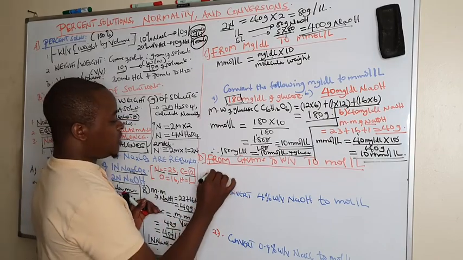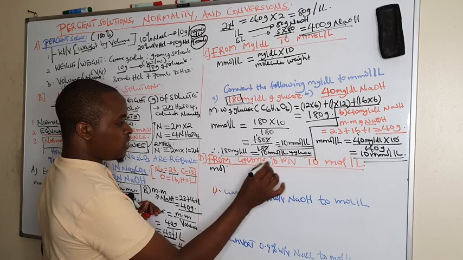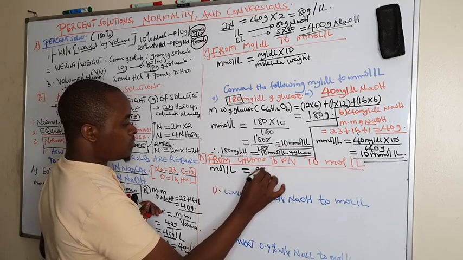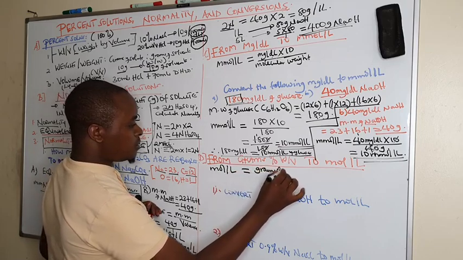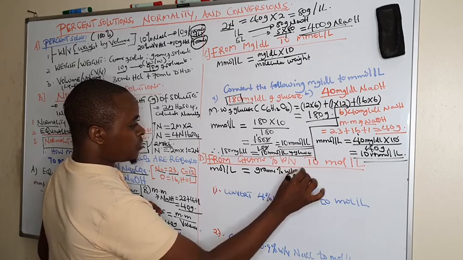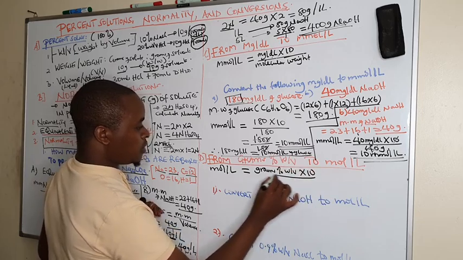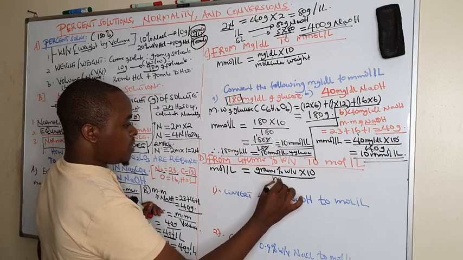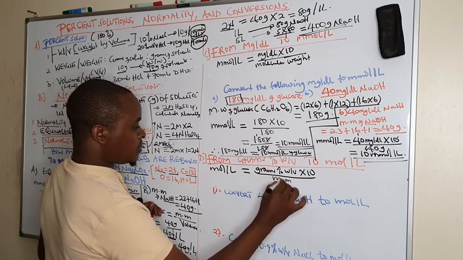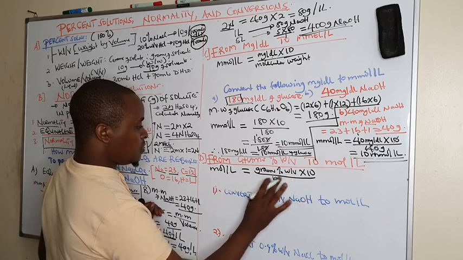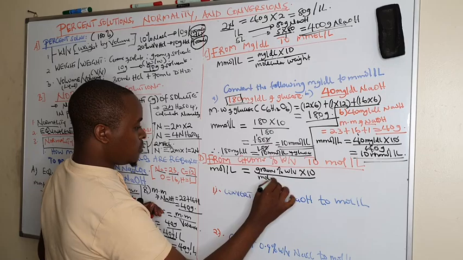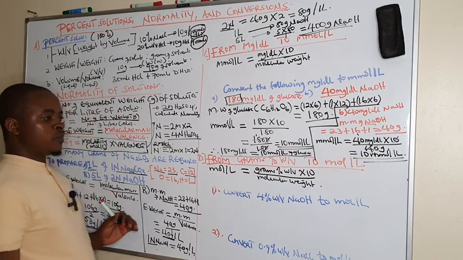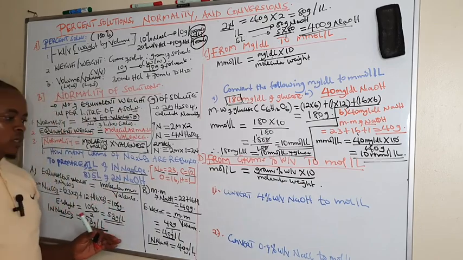Whenever you're given to convert grams per cent in weight by volume to mole per liter, you multiply by 10, then you divide by the molecular mass or molecular weight of that substance. That is how we can convert.